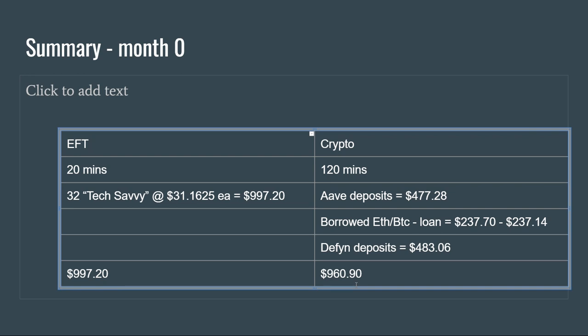I think that's probably because you need to exchange Australian dollars to a token, and then change that token, such as USDC, into Bitcoin, and every time you do a transaction there always is a bit of slippage.